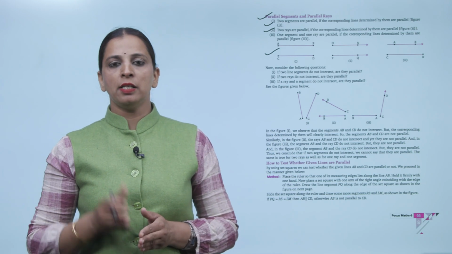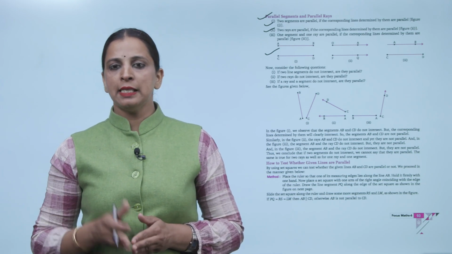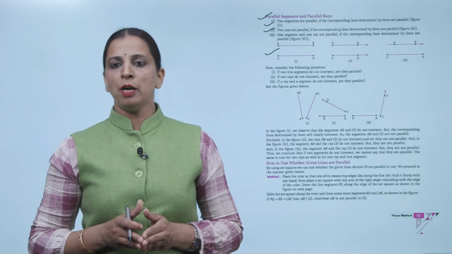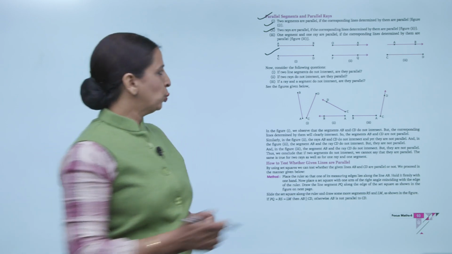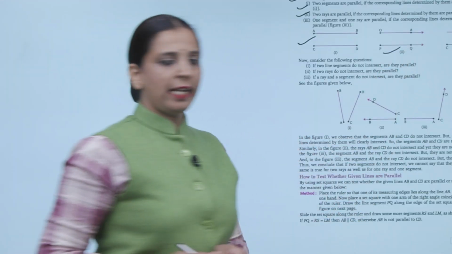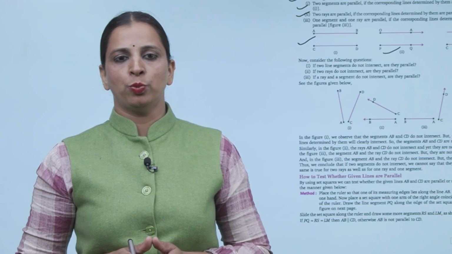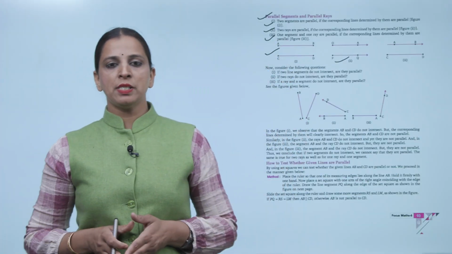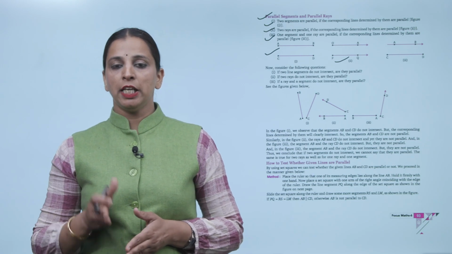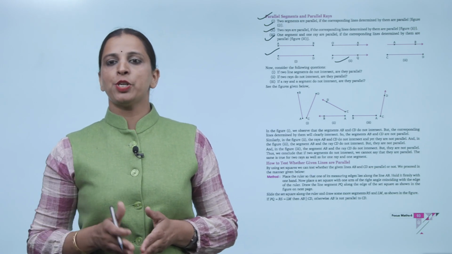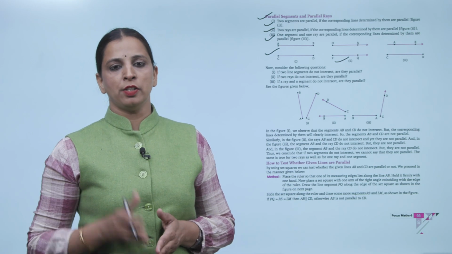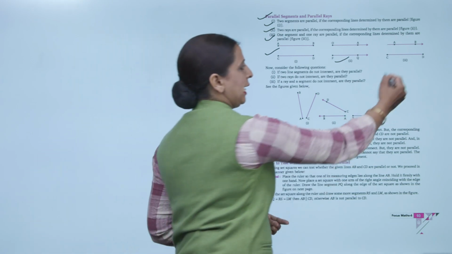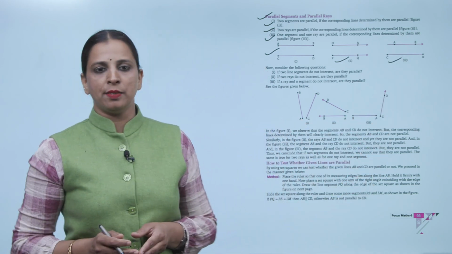Two rays are parallel if the corresponding lines determined by them are parallel. Figure 2, ray OA and ray PQ. Third, one segment and one ray are parallel if the corresponding lines determined by them are parallel. Figure 3, ray AB and line segment CD.